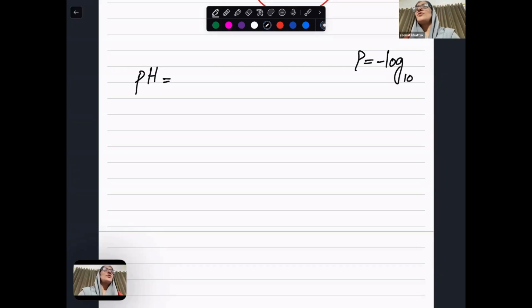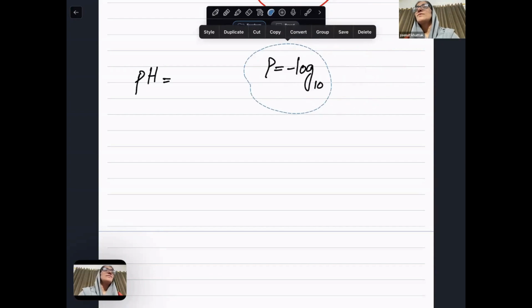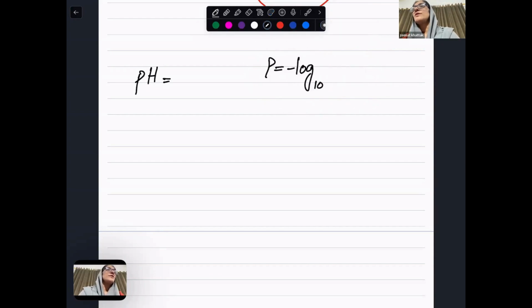If you want to write lg, you know how you are supposed to write? Suppose you don't want to write 10, then skip this. This becomes negative lg. Negative log to the base 10 is this P.